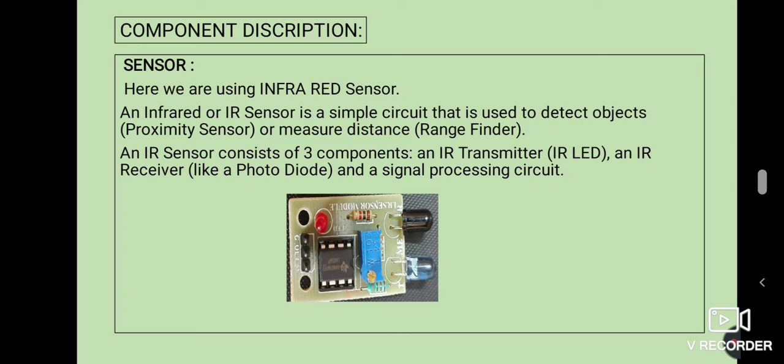An infrared or IR sensor is a simple circuit that is used to detect objects. It is also called a proximity sensor, used to measure distance. An IR sensor consists of three components: the IR transmitter, which is also called an IR LED, and the IR receiver, which is like a photodiode, and a signal processing circuit.